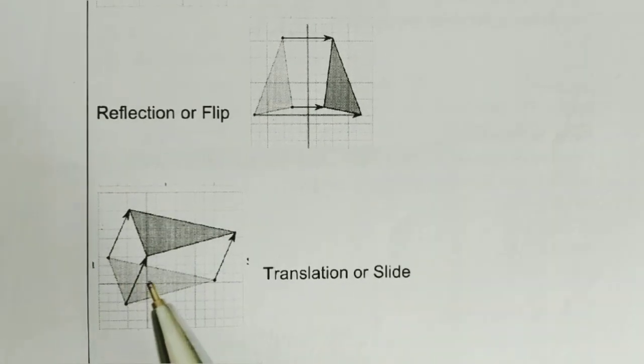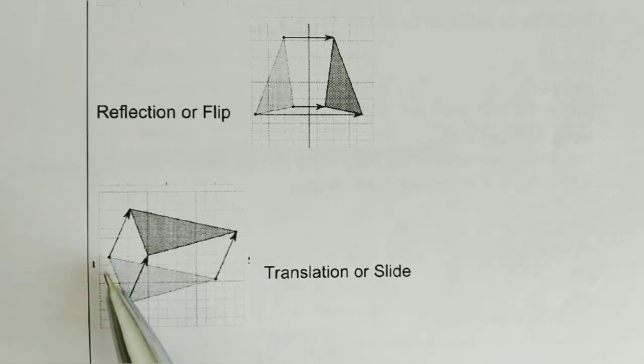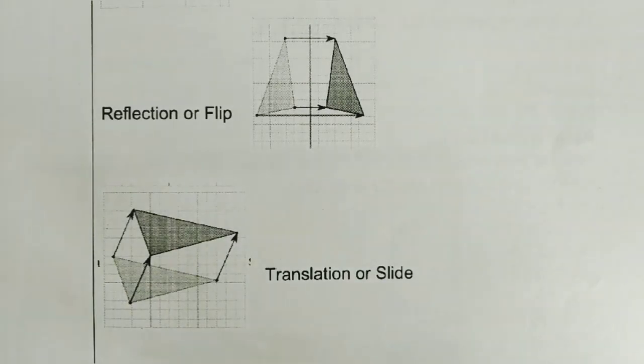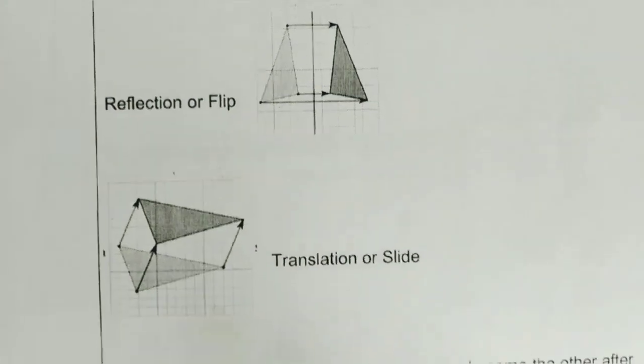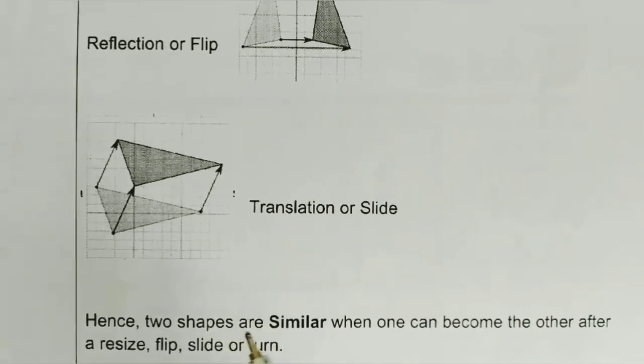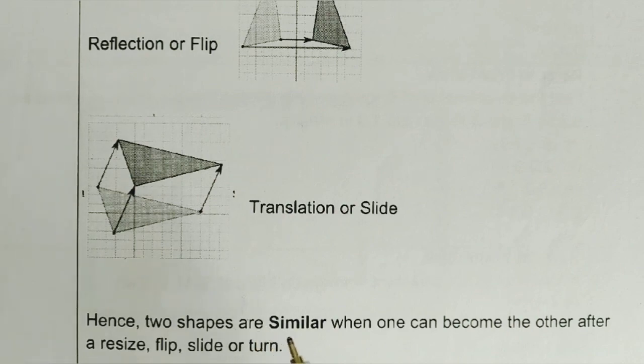The image is over here. If it slides in an upward direction or in any particular direction, in that case also we say figures or shapes are similar. So all these cases would say the shapes are similar when one can become the other after resizing or flipping, sliding or turning. So all these situations represent similar figures.